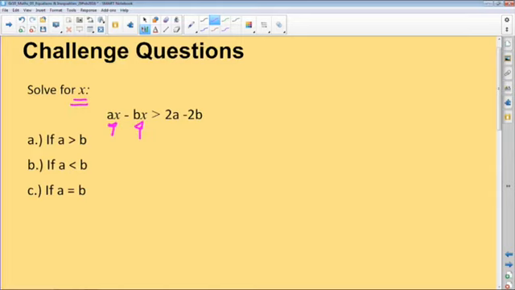And then it has some criteria: if a is greater than b, or if a is less than b, or if a is equal to b. Okay, let's erase my dots. Take a minute to take a look at that, maybe write it down.